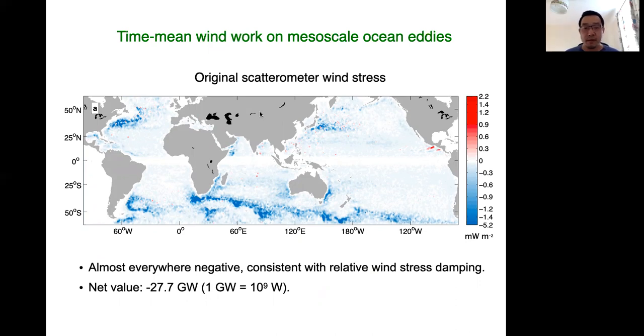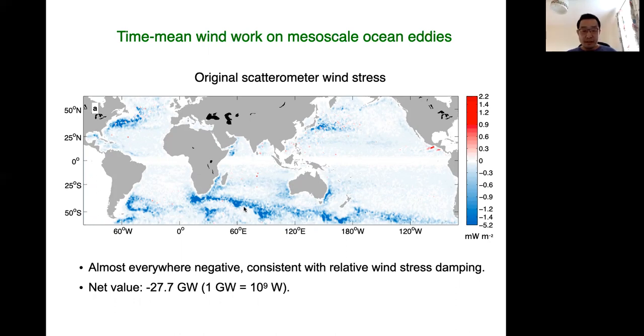That means the wind work on ocean eddies is almost everywhere negative, and that's consistent with relative wind stress damping. I forgot to say, what the scatterometer measures is relative wind stress, so it does have relative wind stress damping in it.